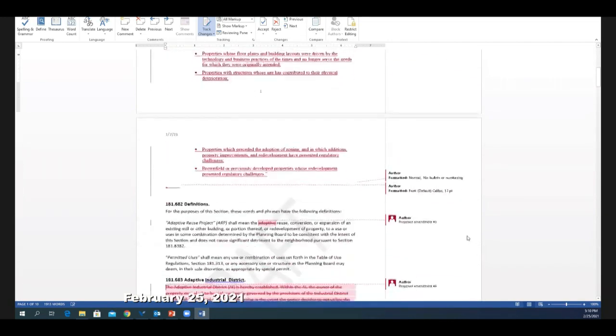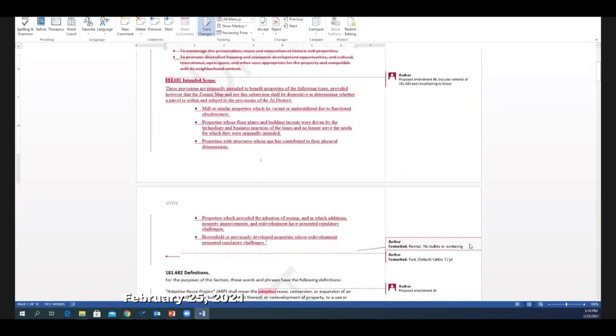Yes, Councilor Squalia. Thank you. This proposal, okay, I see you scrolled down. So it's basically just scratching the 181.689 and rewriting it higher up in the zoning, right? Correct.